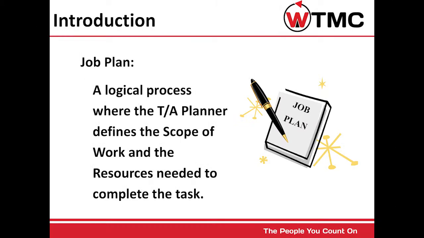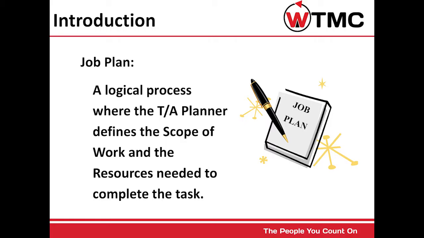A job plan is a logical process where the turnaround planner defines the scope of work and the resources needed to complete the task. Remember from Lesson 2 that a turnaround planner cannot know everything about each job, but must seek input and coordination between those who do know.